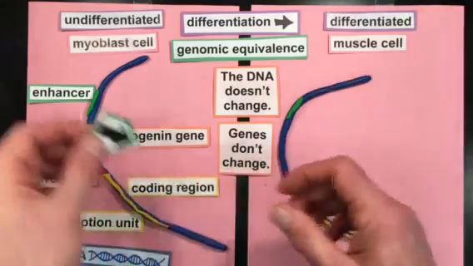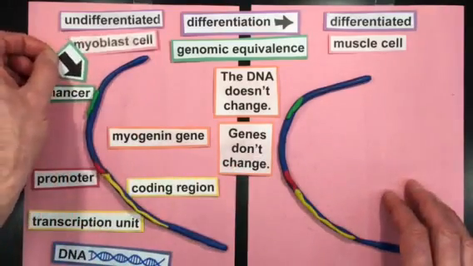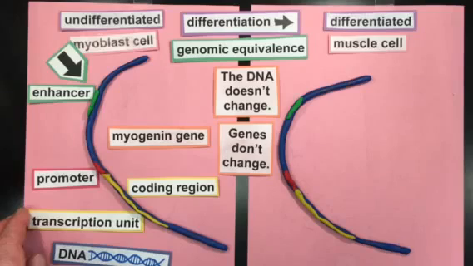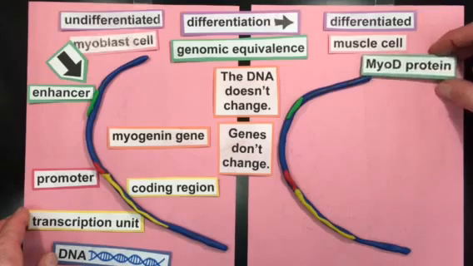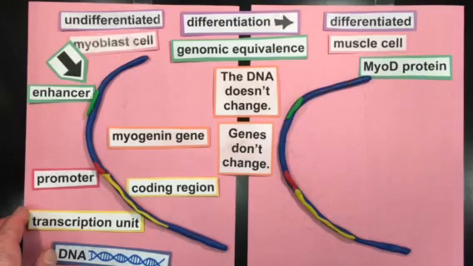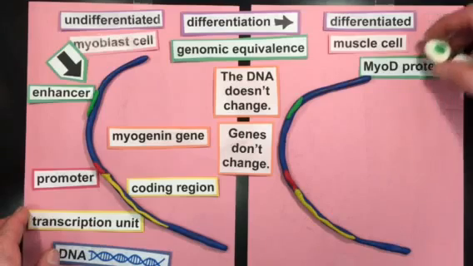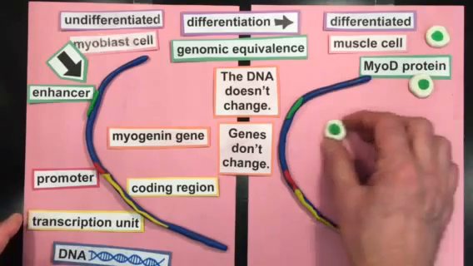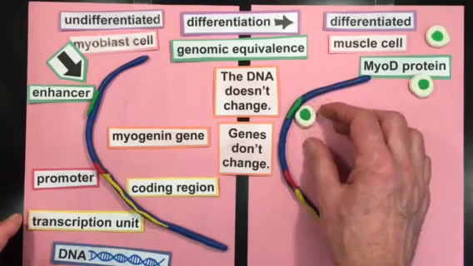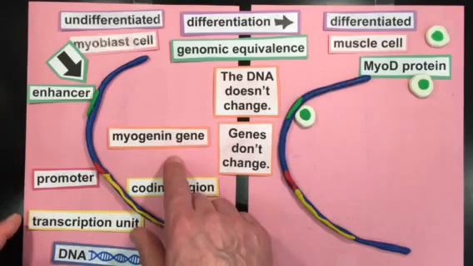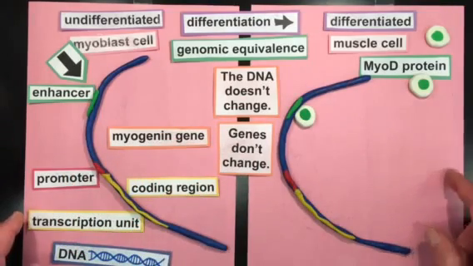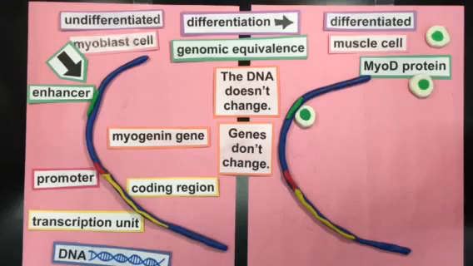The bottom line in this whole story is that the enhancer is very important. Early in differentiation of muscle cells, a new protein gets made called MyoD. The MyoD protein binds to the DNA of the enhancer of the myogenin gene and activates expression of the myogenin gene.